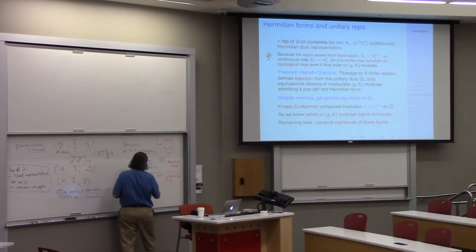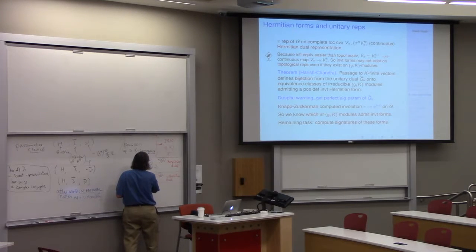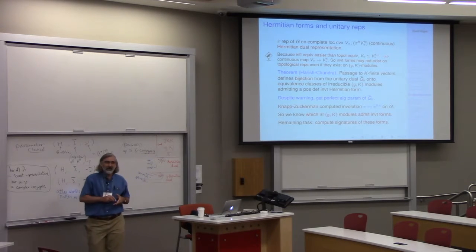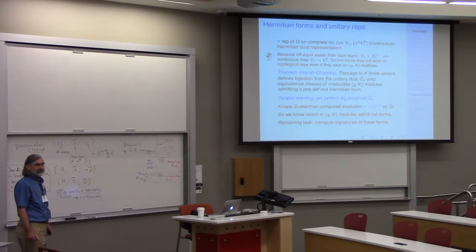This is giving the bar on the nu and a minus sign, and the C gets rid of the minus sign. I'm not sure what the best way to say it is. Okay, so C Hermitian means invariant under HC. Yes. Okay.